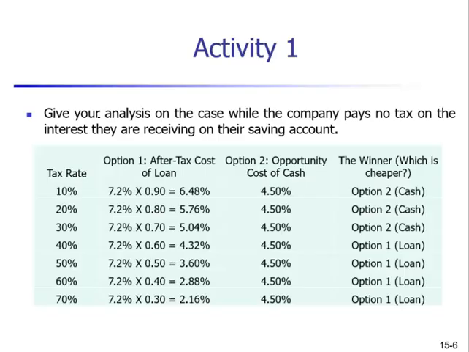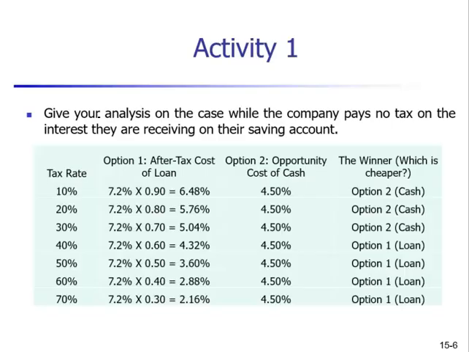So now we are comparing everything. Since the interest rate on the loan that you are paying is 7.2%, it seems you are paying more money than you receive. But somebody comes and says, no, you are gonna also save on the tax, because 10% of this saves you the tax.